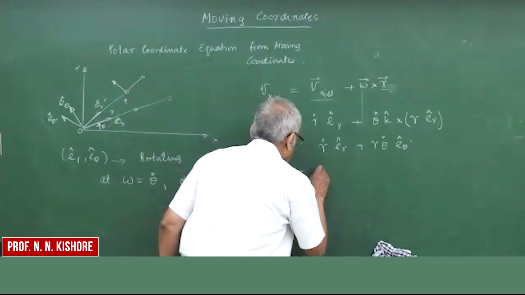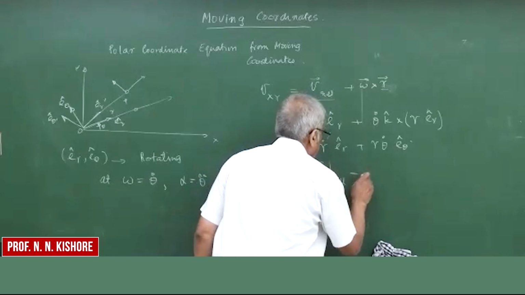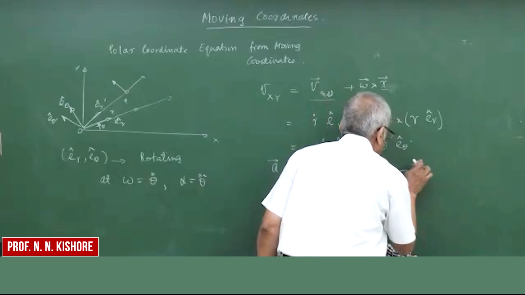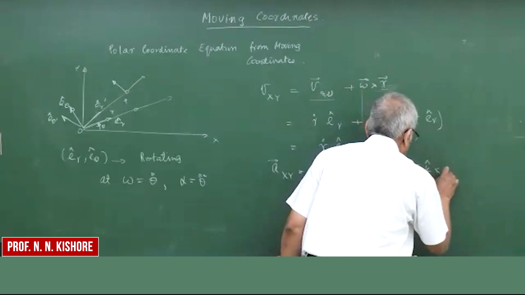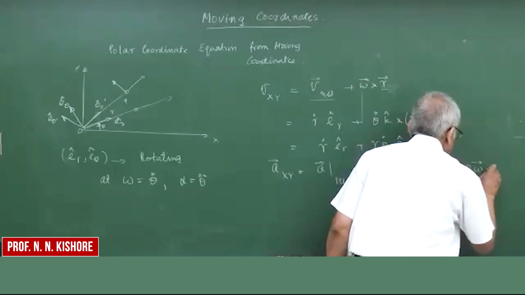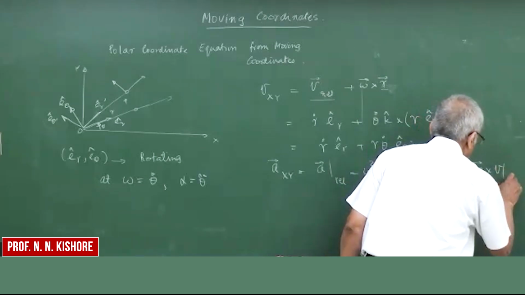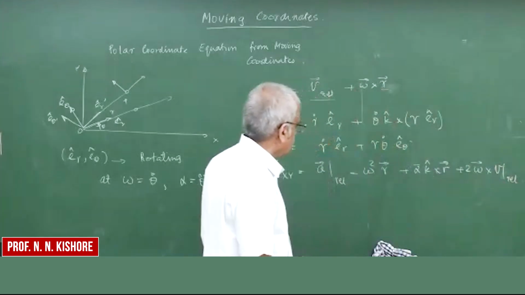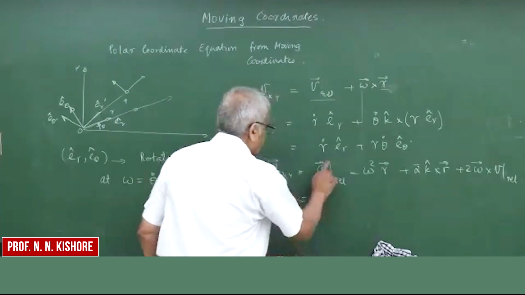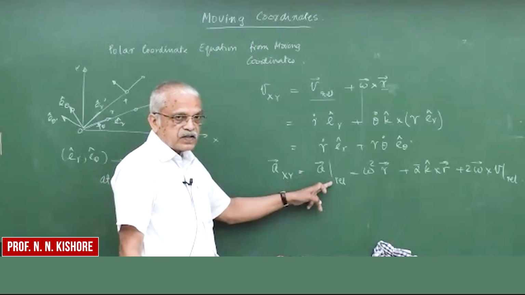We need the acceleration in the relative term, minus omega square r, plus the relative terms from the moving coordinate system. So what is this? The acceleration of the particle in the rotating frame.